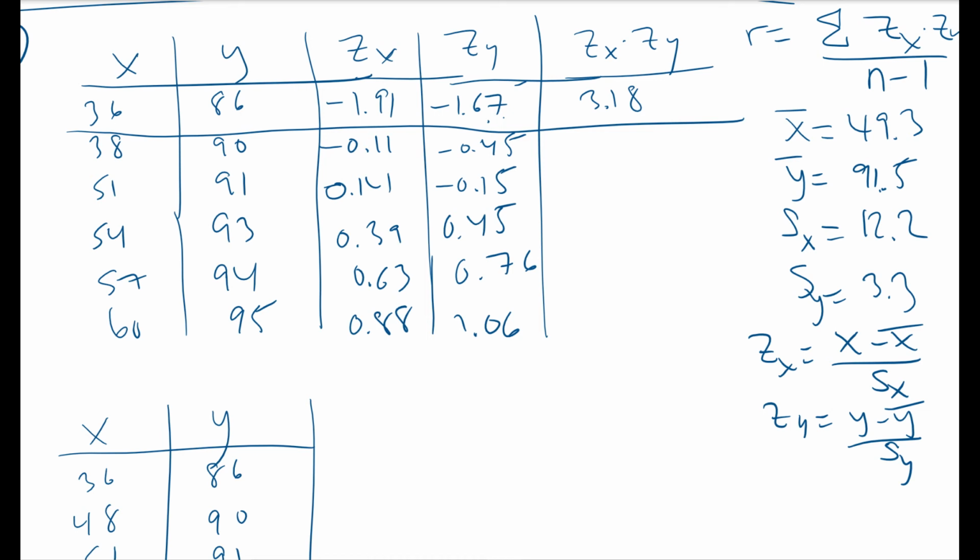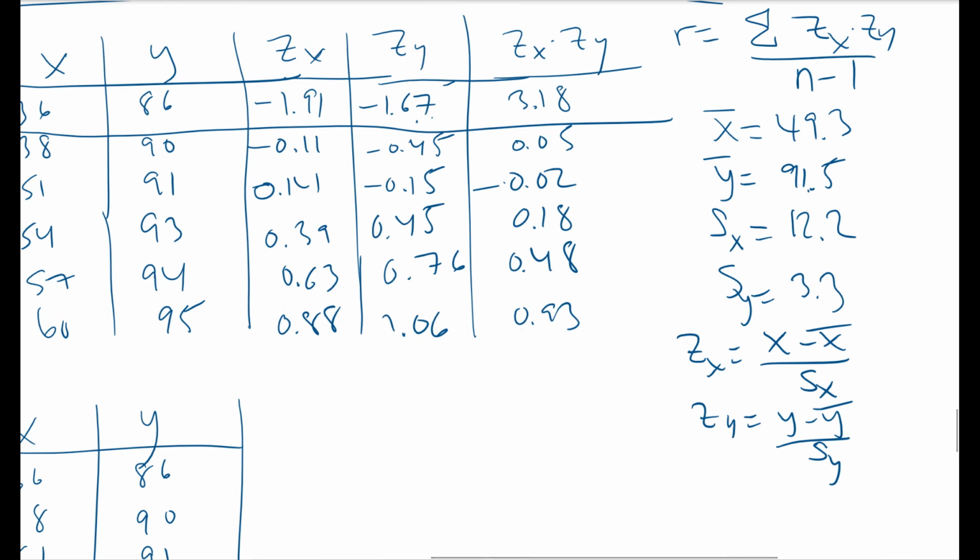Now we multiply them. 0.05, negative 0.02, 0.18, 0.48, 0.93. All right, so now if you look at the formula, we have to do the sum of those numbers.